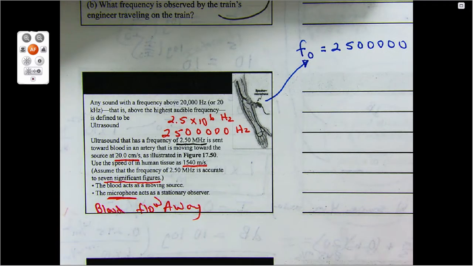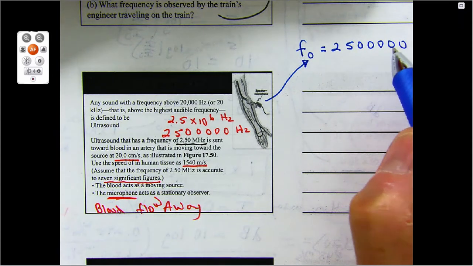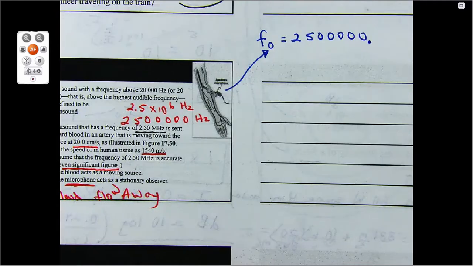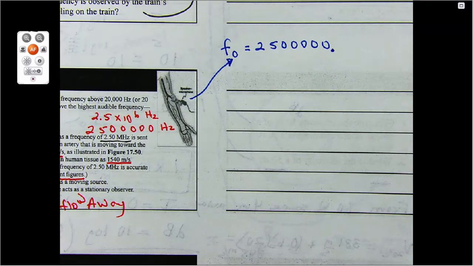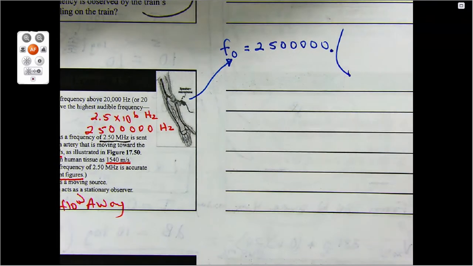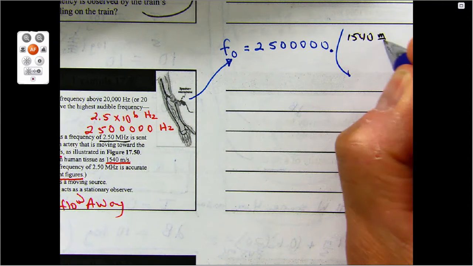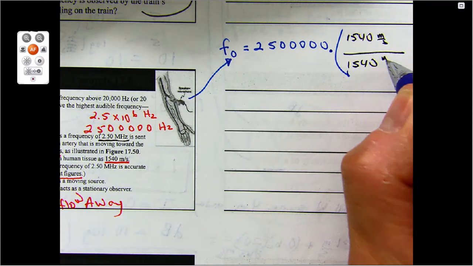This is supposed to be to how many sig figs? 7. 1, 2, 3, 4, 5, 6, 7. And I'm going to put a decimal point there. That means all those numbers are significant. And this is our 1540 over our 1540.